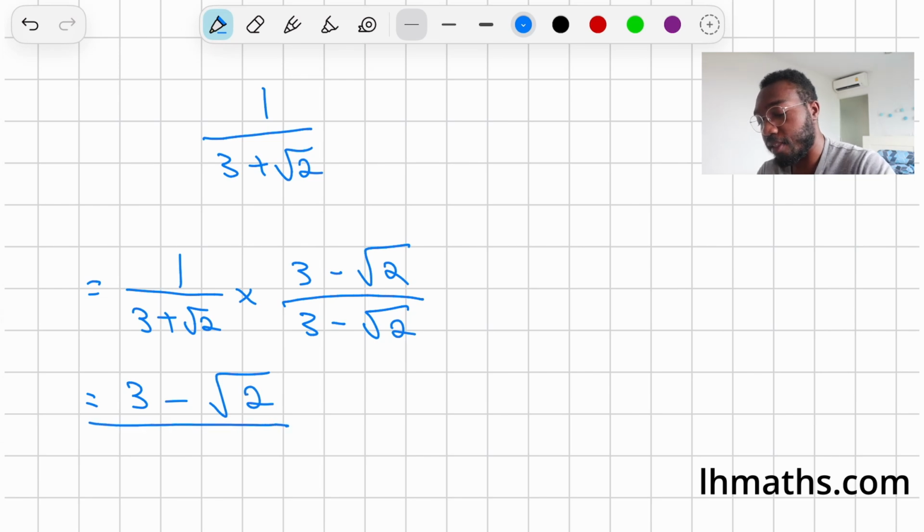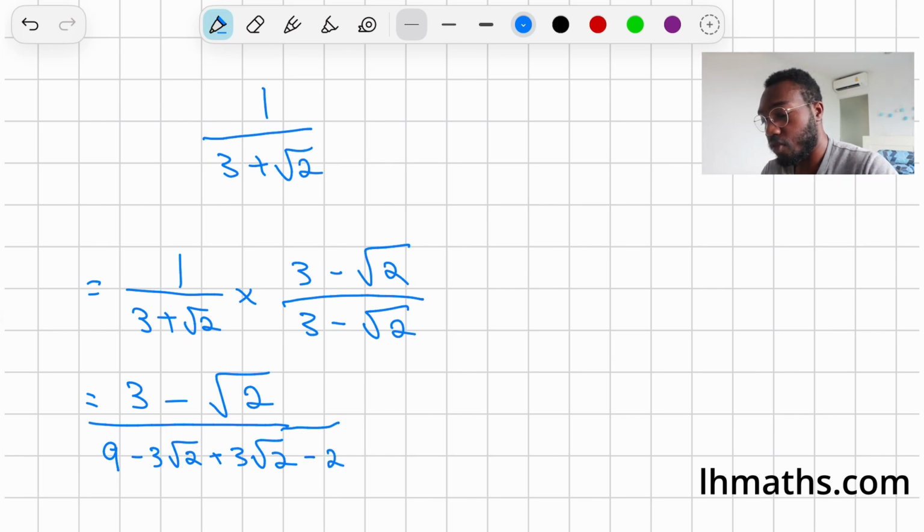Then on the bottom, I'll do it in full. We do 3 times 3, which is 9. Then 3 times minus root 2, which is minus 3 root 2. Then root 2 times 3, which is a positive 3 root 2. And then root 2 times minus root 2, which gives us a negative 2.